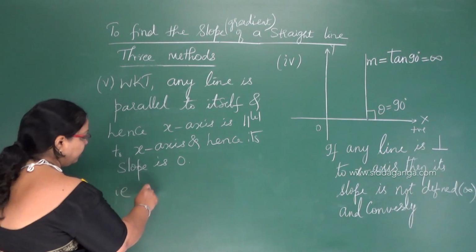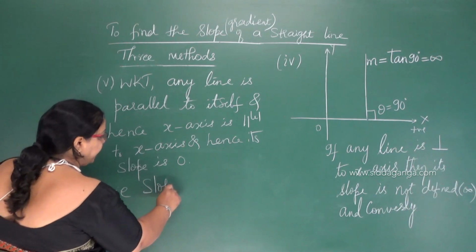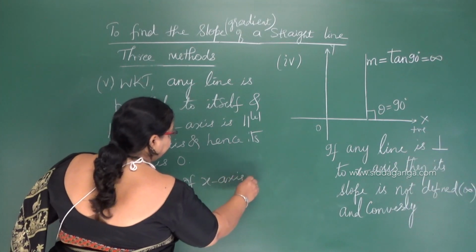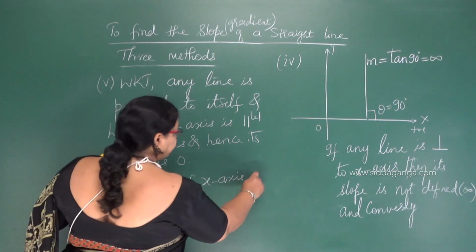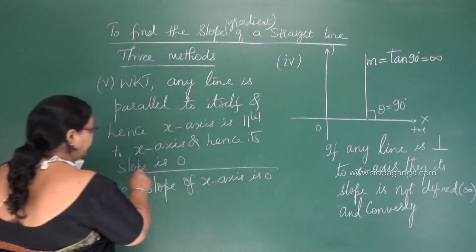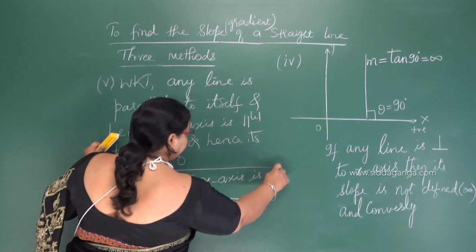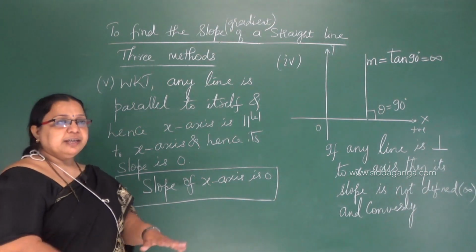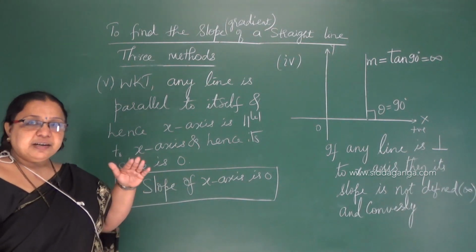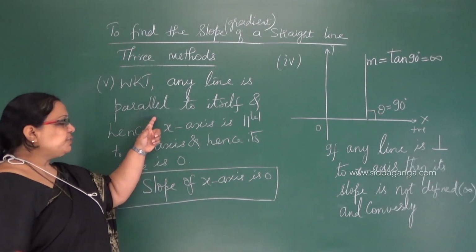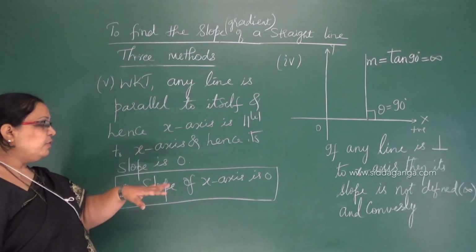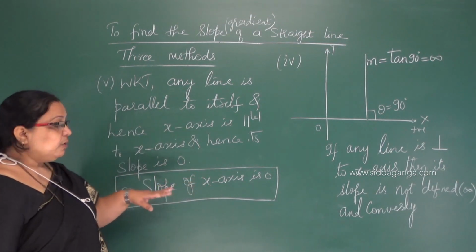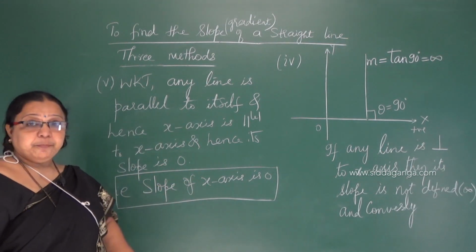That is slope of x-axis. X-axis is nothing but a line here. Therefore slope of x-axis is 0. In particular, the slope of x-axis is 0. So x-axis ಅದಕ್ಕೆ ಅದು ಪ್ಯಾರಲಲ್ ಆಗಿರೋದ್ರಿಂದ according to this property the slope of the x-axis is nothing but 0. So ಹಾಗಾಗಿ ಅದು 0 ಆಗುತ್ತೆ.